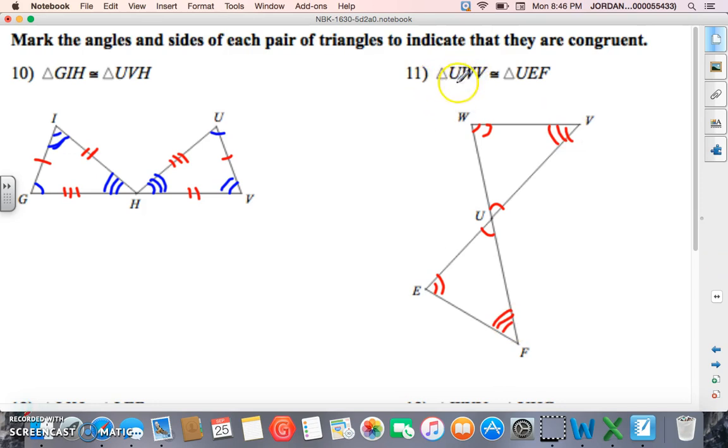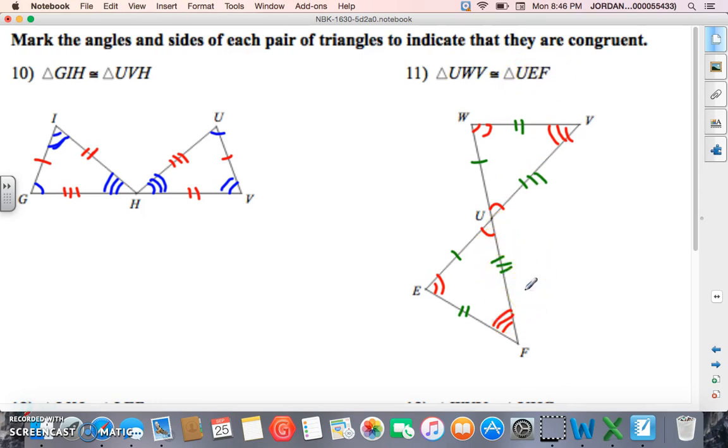And so then side UW connects 1 to 2 marks. Right here, 1 to 2 marks. So that's going to be 1 dash. And then side EF, we give it 2. Right? EF would be the same as WV. And then, of course, the other one's 3. Because UV, this side, would be the same as UF, which is this side.